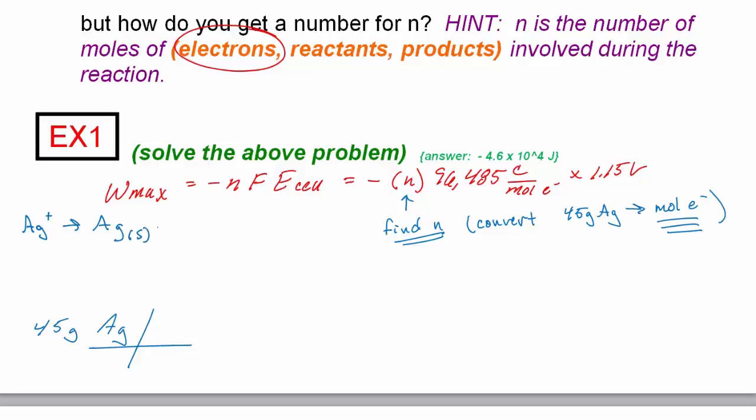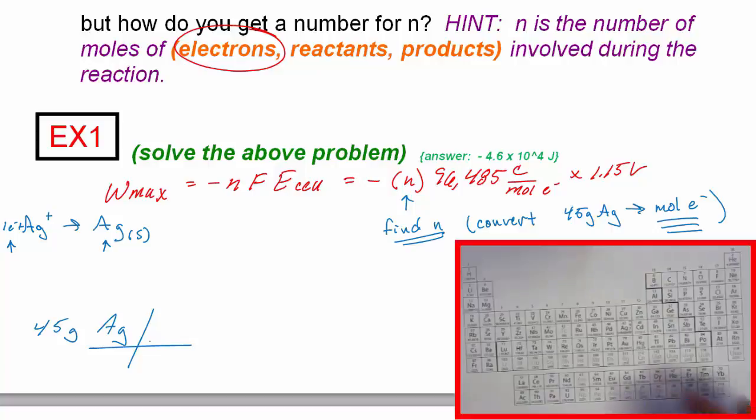That's the half reaction that's involved with silver. To balance it, I need to add 1 electron on the reactant side. Now I'm ready. You see the mole bridge? I have 1 mole of electrons for every 1 mole of silver. That's all I needed. So let's convert this into moles. Silver's molar mass is about 107.9.